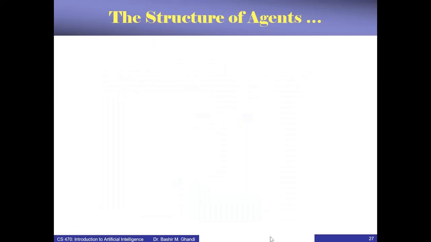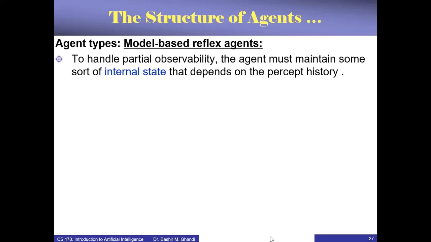Okay, so the next type of agent is the model-based reflex agent. We saw that the simple reflex agent has a problem in that it doesn't keep any history of the percepts. It works only based on the current percept. So what this model-based reflex agent does is that it tries to keep some kind of history.